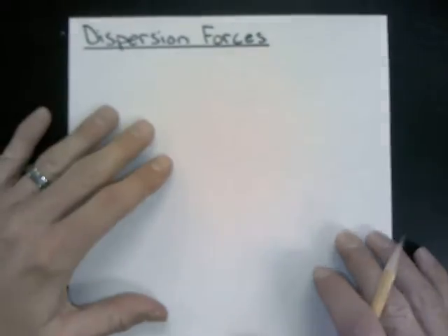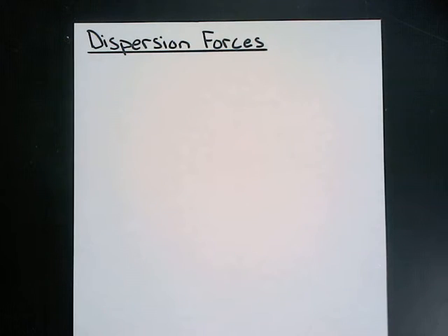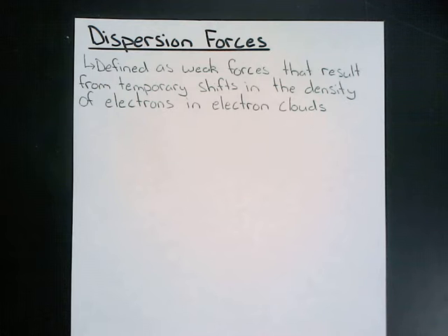So we start out here with dispersion forces, and these are defined as weak forces that result from temporary shifts in the density of electrons in an atom's or molecule's electron clouds. These dispersion forces can also be called London forces.